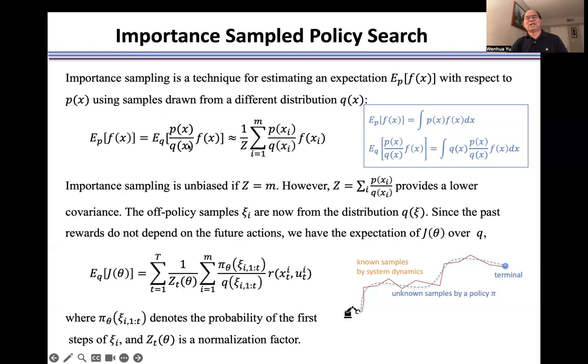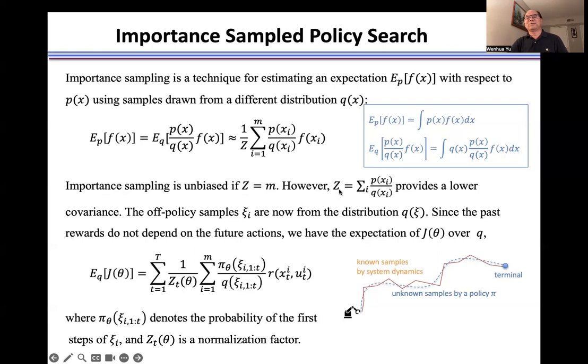In this way, we change the samples to be from Q, not from P. Then in the same way we get the sampling summation. These samples are from Q, not from P. If this denominator Z is equal to M, then importance sampling is unbiased.